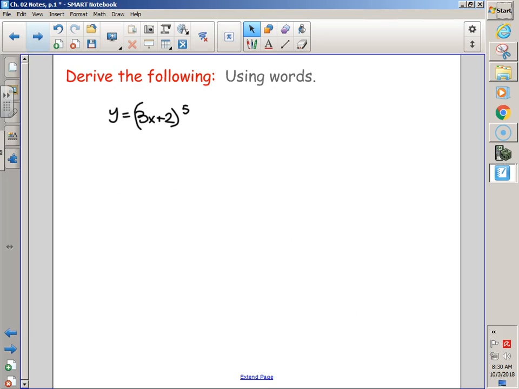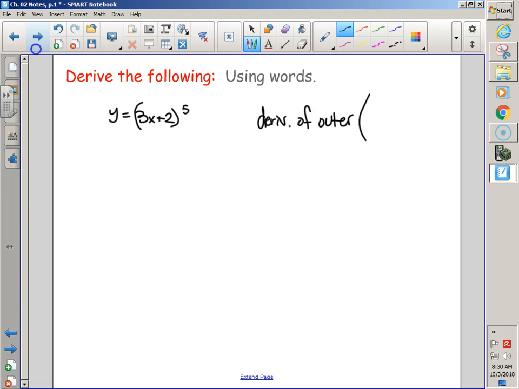But let's try the words. Because I'm going to have you guys put a forever card and put down 3 different variations of the rule. Okay? In words, you can think derivative. We'll say derivative. Okay? Derivative of the outer, keeping the inner unchanged.